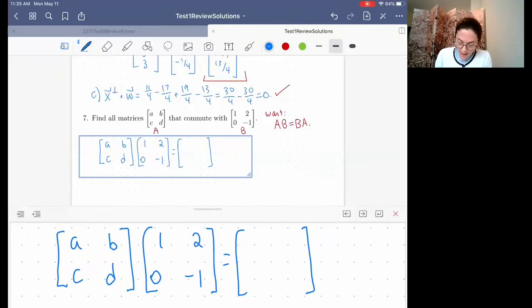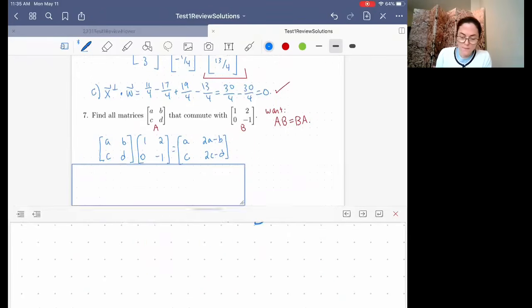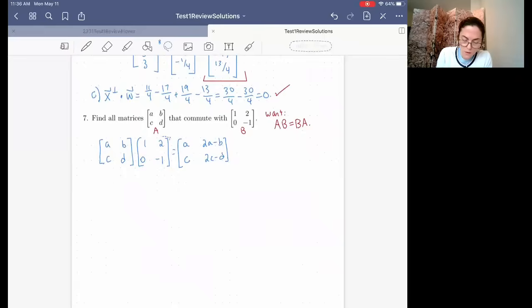Okay, here we go. So when I multiply, maybe I need a little more space. I'll just multiply and then I'll figure it out. I get A. I get 2A minus B. I get C, and then I get 2C minus D. This is multiplying in this direction, and now maybe I can just copy and paste.